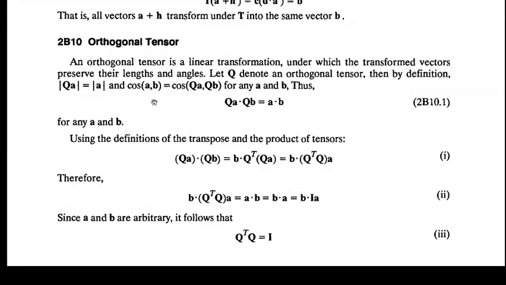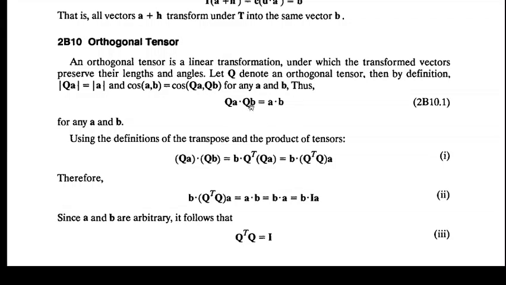The angle must remain the same, for any A, B. So this is what the definition means: if Q is orthogonal, then length of QA equals length of A, length of QB equals length of B, and cosine of AB equals cosine of QA and QB.